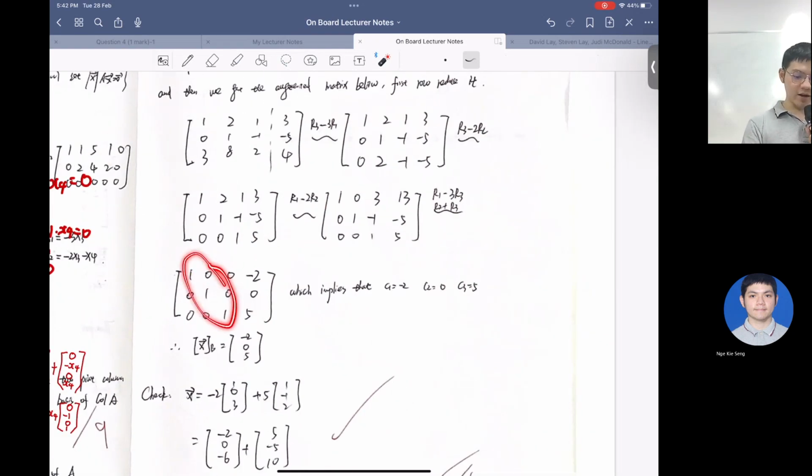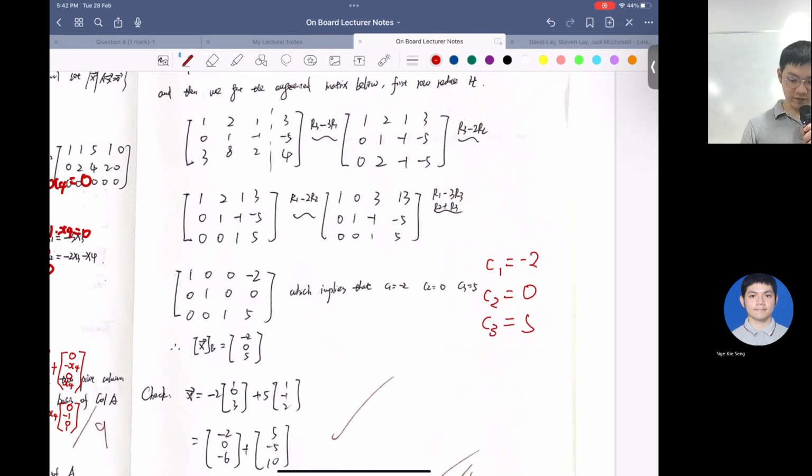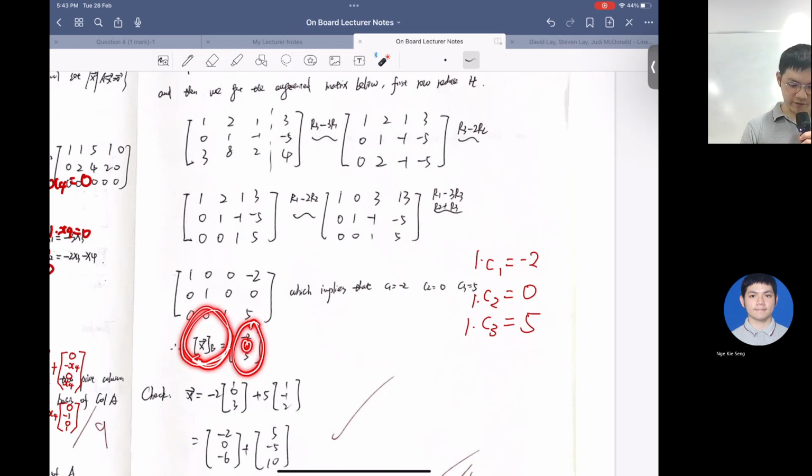So this identity tells you what? C1 equals -2. In this case we use C. C2 equals 0. C3 equals 5. So the coordinate vector of x is -2, 0, and 5.